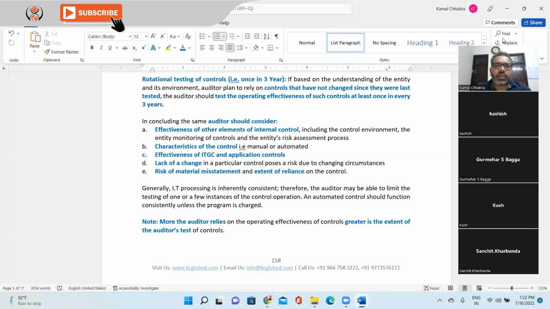In the overall process there is no change, and this control relates to a low risk area, hence we are not testing it again. You can do this up to 3 years, but after 3 years you mandatorily need to test the same control. That helps bring more efficiency in your testing of controls.